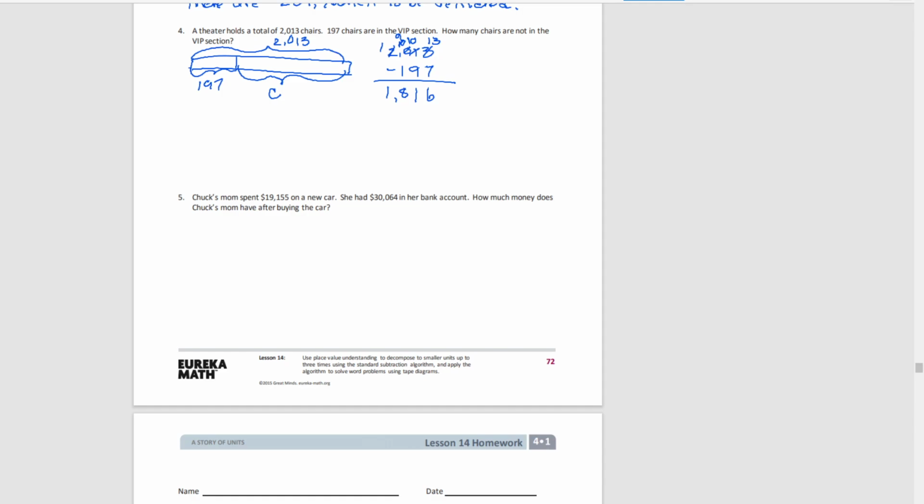So 1,816. So there are 1,816 chairs not in the VIP section.